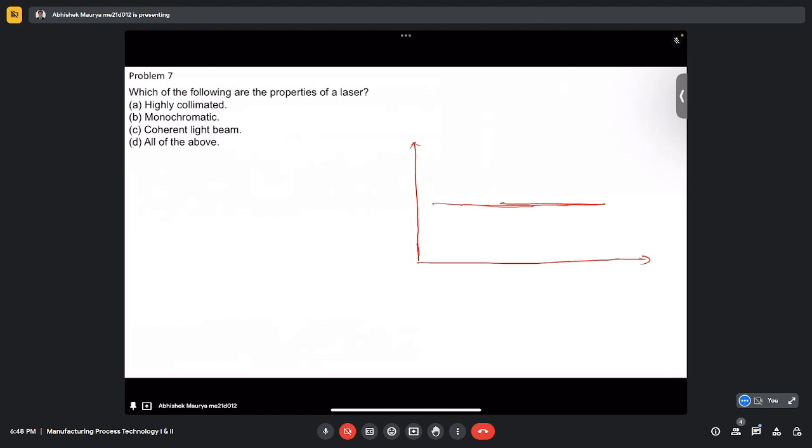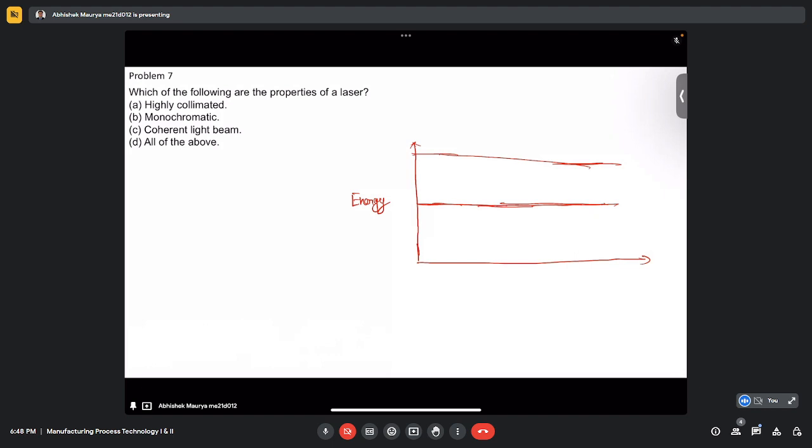Suppose here I am showing the energy levels.